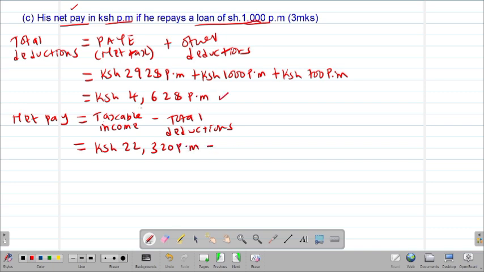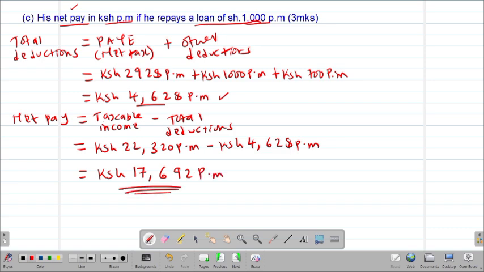We already have it here, which is Kenya shillings 4,628 per month. So 22,320 minus 4628, your calculator will give you Kenya shillings 17,692 per month. Therefore, this is what we are calling the net pay. Of course, it is a net monthly pay in Kenya shillings per month. So this will be our final answer.